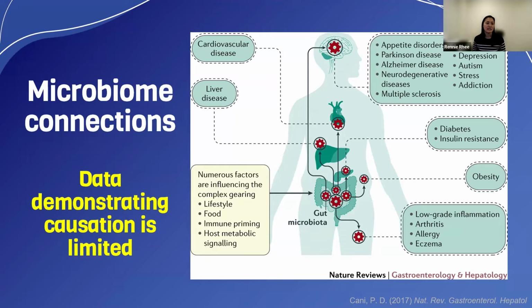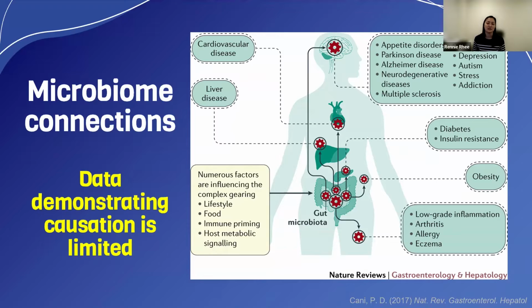And they have found connections between the composition of the microbiome and disorders such as obesity, cardiovascular disease, chronic inflammatory diseases, cancer, stress, and even neurodegenerative disorders. But most of these studies have really only found links, but have not actually proven causation.